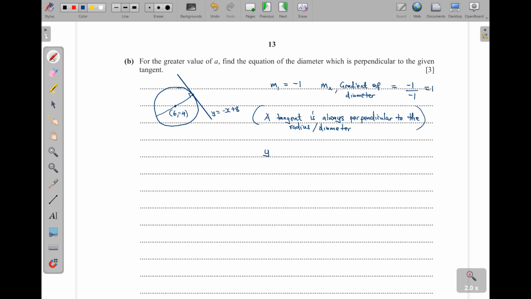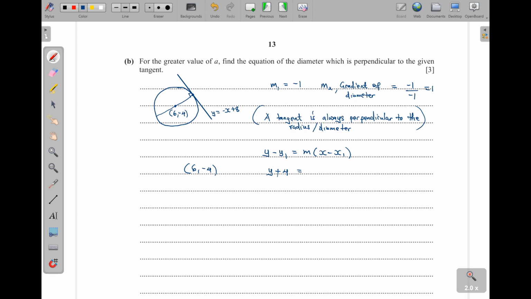So we have y minus y1, which is equal to m into x minus x1. That is the general equation of a straight line. This straight line, the diameter, passes through the center of this circle here, which is 6, negative 4. That means we can have y minus negative 4, so that will be a plus 4.